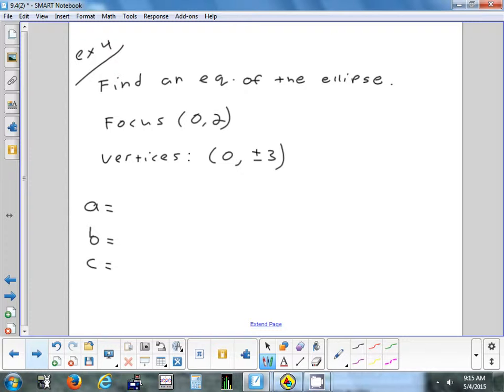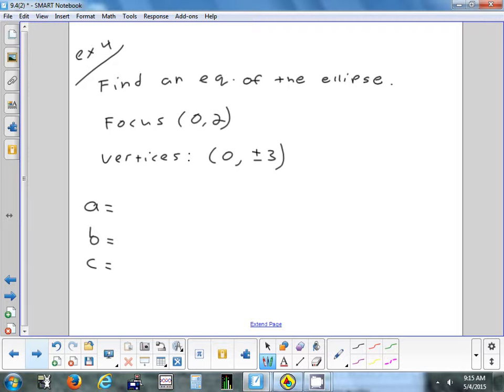All right, so this one we don't have to discuss. They just want us to find an equation for this ellipse. Now, if you look at the way they wrote the problem in the book, this is how they wrote it. But does anything there look a little strange? It says there's a focus at 0, 2, and vertices at 0, plus or minus 3.